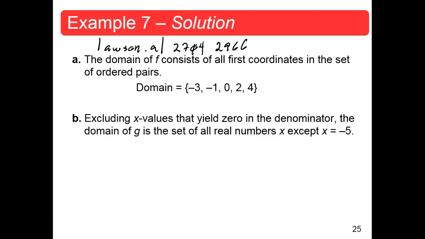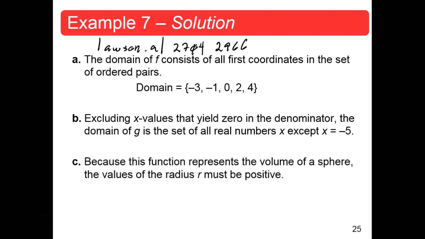Whereas using the set notation like they did above, brace, set of all x such that x is not equal to -5, is just a much more concise way of writing it. Same answer, but if they're looking for this and you write it the other way on WebAssign, they'll say wrong answer, but it's right. And you never can tell which way they're looking for.